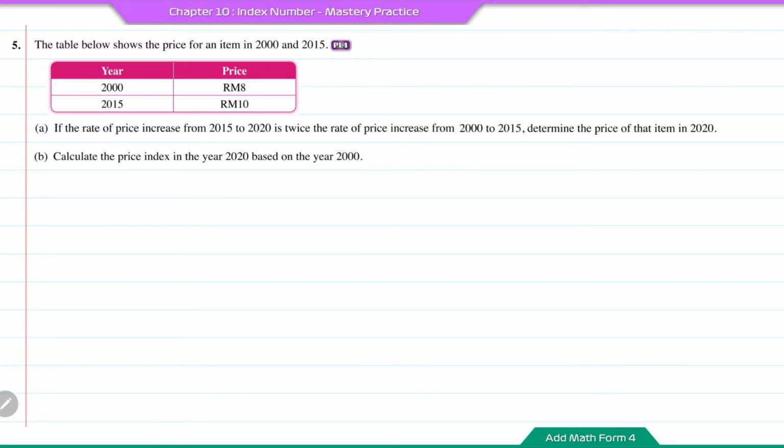Question B. Calculate the price index in the year 2020 based on the year 2000. So in question A, we already have the index number in the year 2020 based on 2015, and also the index number in the year 2015 based on 2000. So when you have two price indices and you need to find another one, you can use the SMART method here.